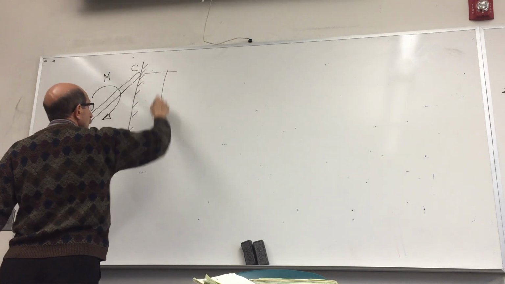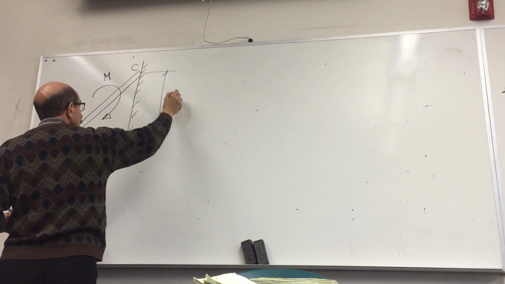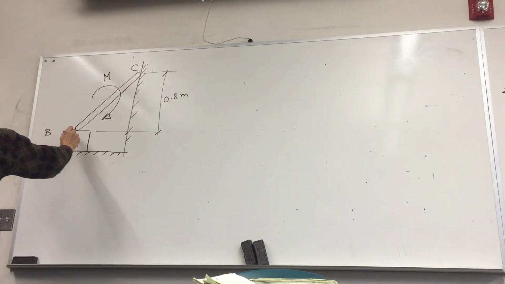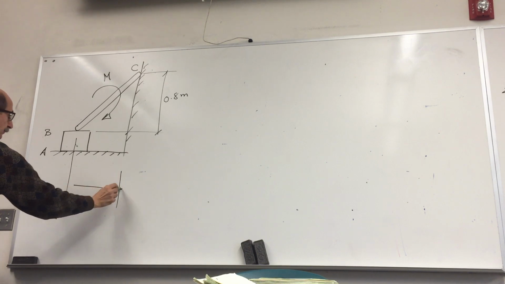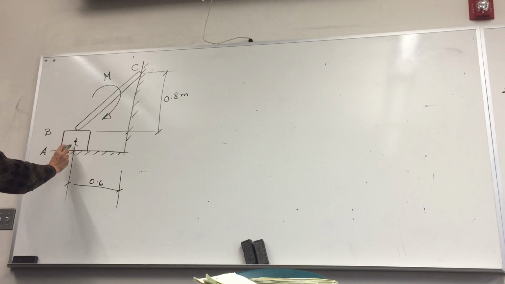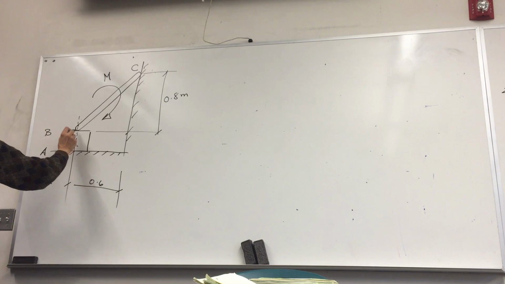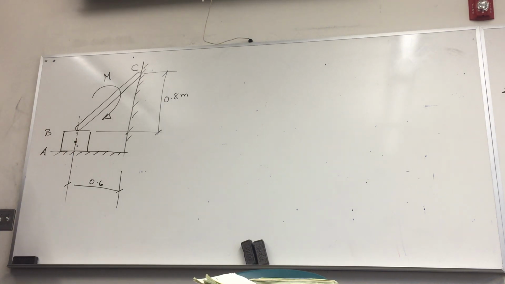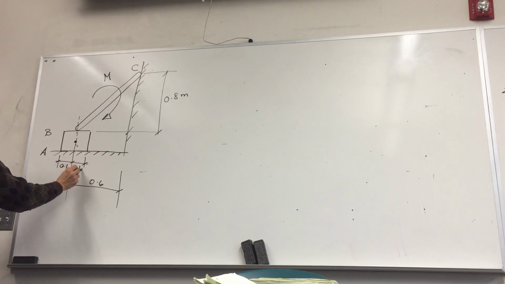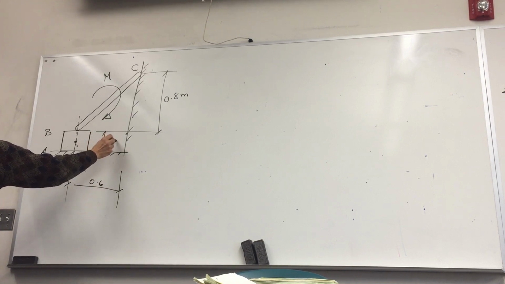This height is 0.8 meters. The distance between the wall and the center of this box, where the tip of this bar, point B, is touching, is 0.6. The box has a dimension of 0.2 meters and a height of 0.3 meters.